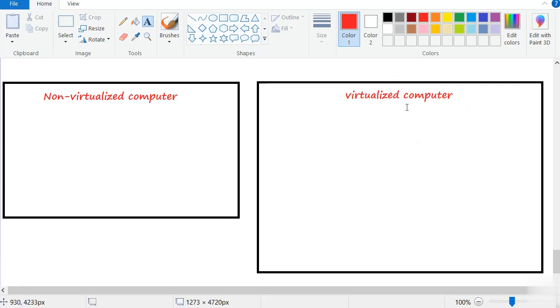But in the before days, in the initial days of computers, all those computers were non-virtualized computers. So, what is the problem with non-virtualized computers? In one computer, we can install only one OS.